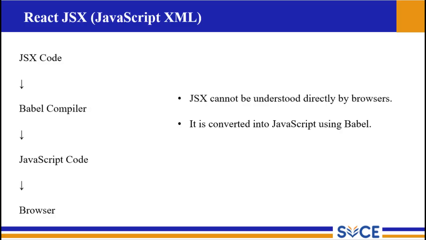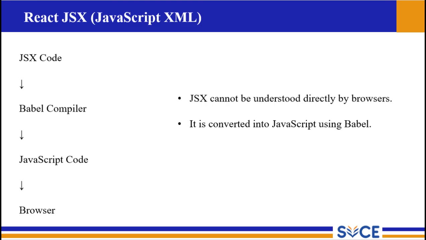This conversion is performed by a compiler called Babel. Babel reads the JSX syntax and converts it into React.createElement function calls. After conversion, React processes these JavaScript functions.